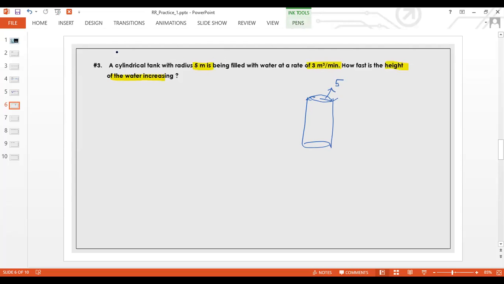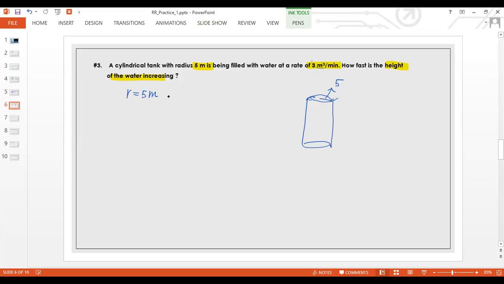So let's try to write out all those numbers and what we want to find. They tell us the cylinder tank's R is 5 meters. Because this is a cylinder, I know R is a constant, so it's fixed all the way. It's being filled with water at a rate of 3 meter cube.